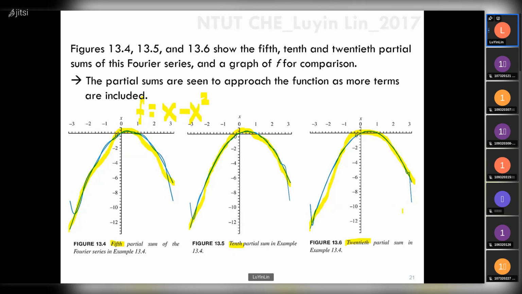So you can find, just looking at this range, the two curves overlap much more when more terms are used.